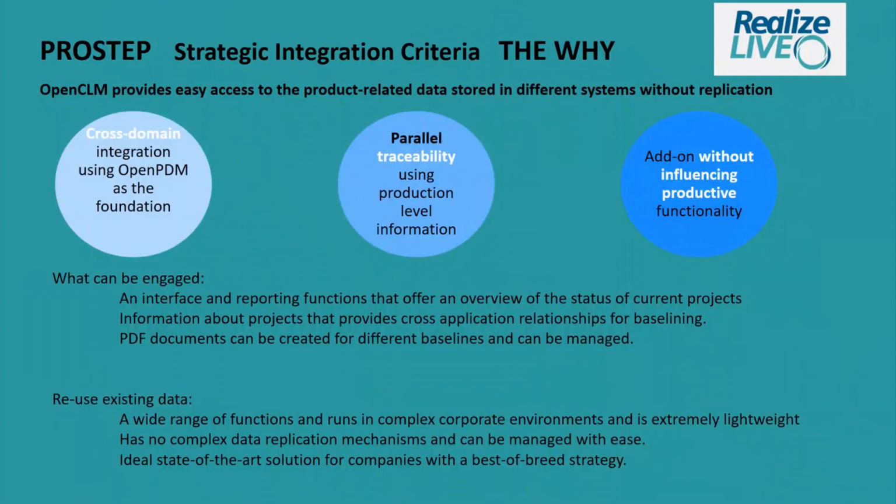What we want to do is provide cross-domain integration across all of your applications while we're providing traceability as the product goes through its life, and then providing the productivity that your user community would need to be able to make the right decision based on the right information.